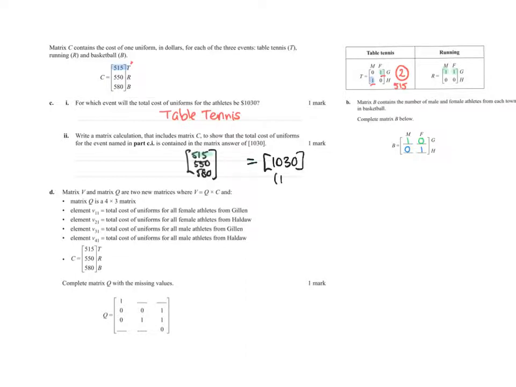So if you look, that's a 1 by 1. This is a 3 by 1. So that means I'd have to multiply something before it, and it will have to be a 1 by 3. Now, when you multiply matrices, you go run and you go dive.